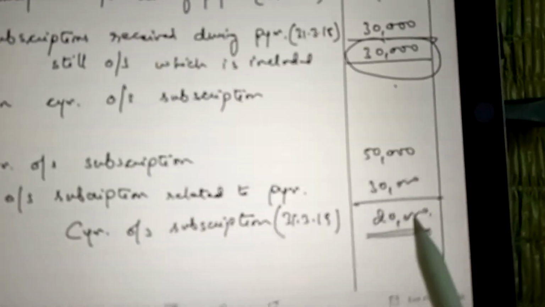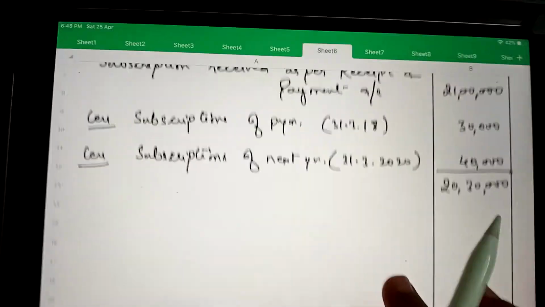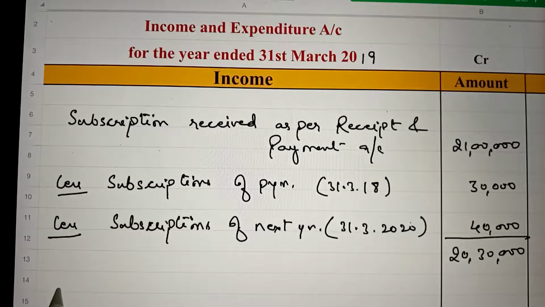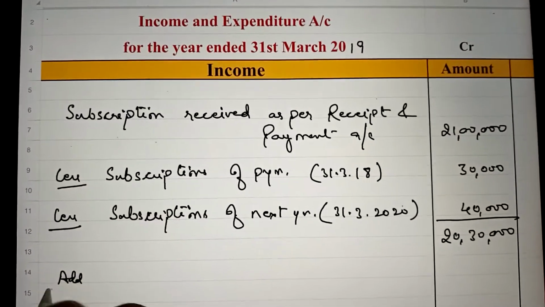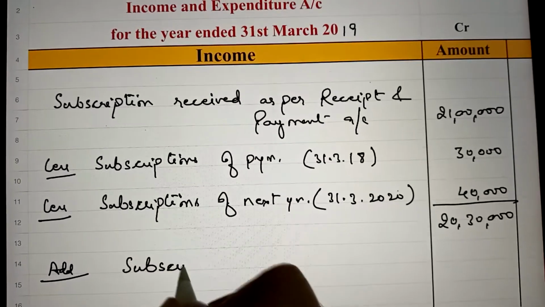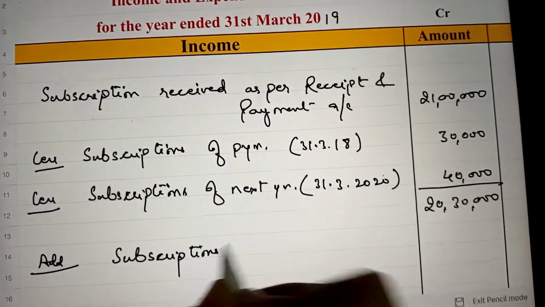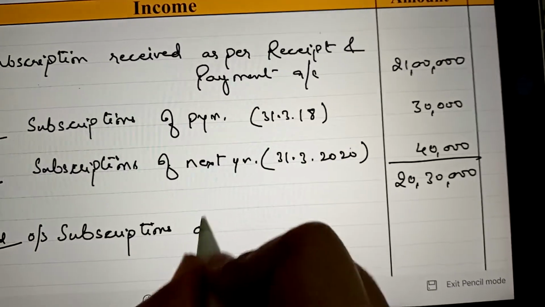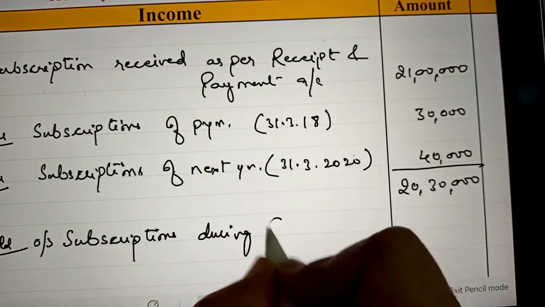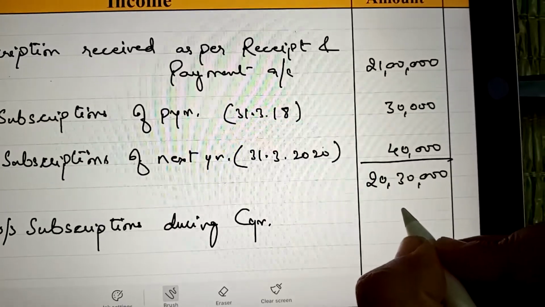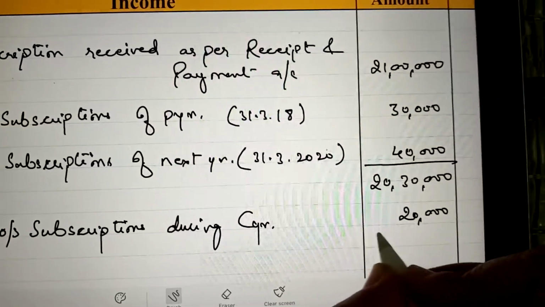So now we will add this 20,000 under the income and expenditure account. We will add outstanding subscriptions during current year, which is 20,000.